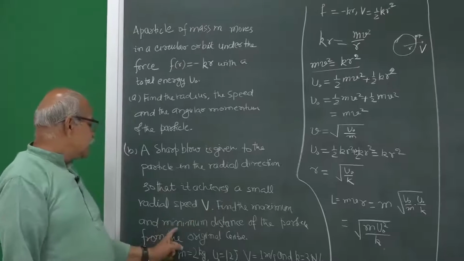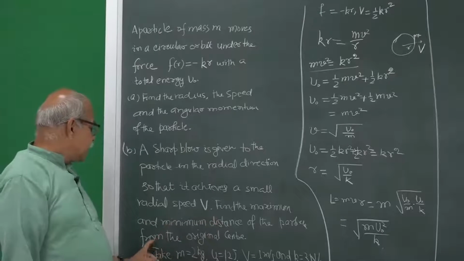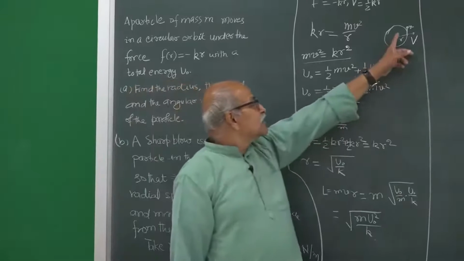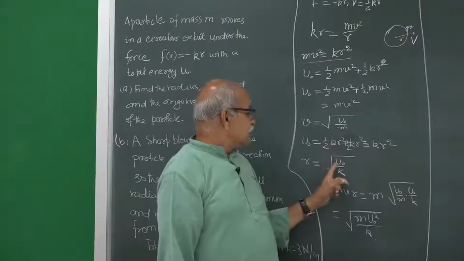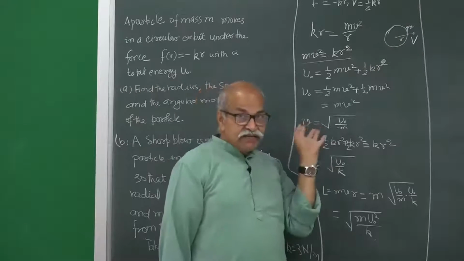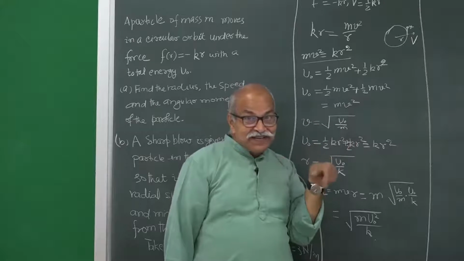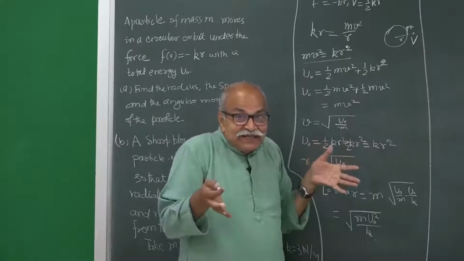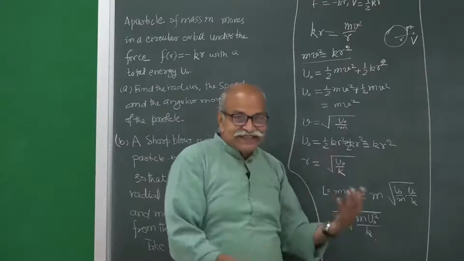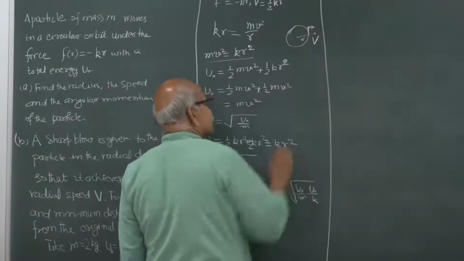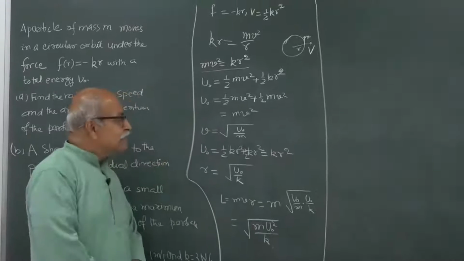Find the maximum and minimum distance of the particle from the original center. So, originally the particle was at this distance given by this equation, but now that you have given extra energy, the particle will not go on a circle, but it will remain in the vicinity of the circle. So, we have to find the minimum and maximum distance from the origin. How do we do that?